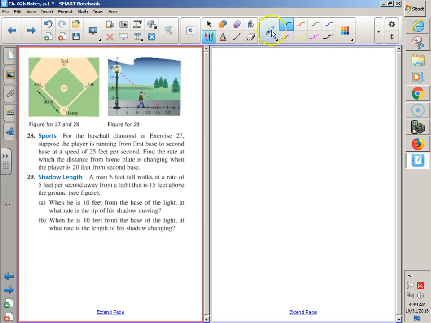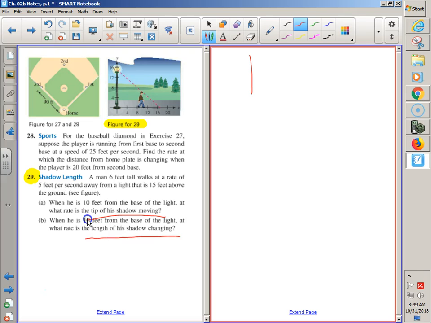So for number 29, you guys have the picture up above of the guy walking away from the light post. Long story short, the trick is talking about the tip of the shadow and talking about the length of the shadow. If you were to draw this picture, this is always 6, the guy's height doesn't change as he walks, and the lamp post is always 15 feet, that doesn't change.